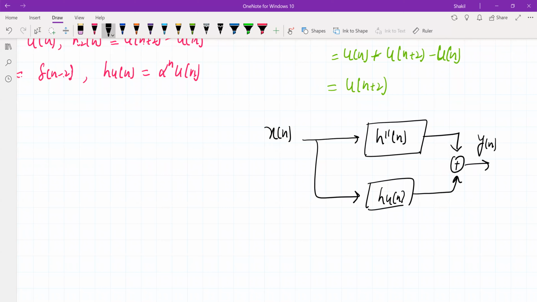So h double dash of n will be simply h dash of n convolved with h3 of n.